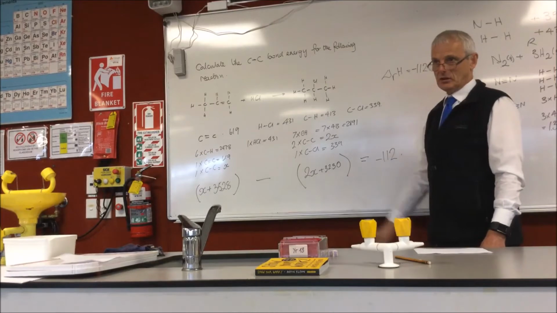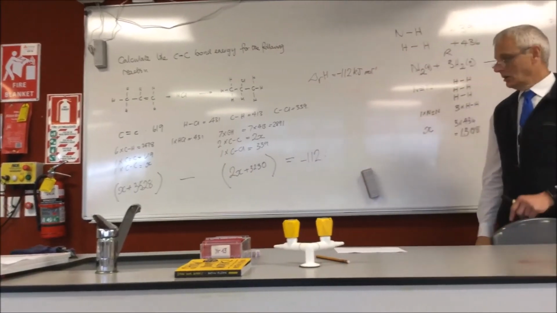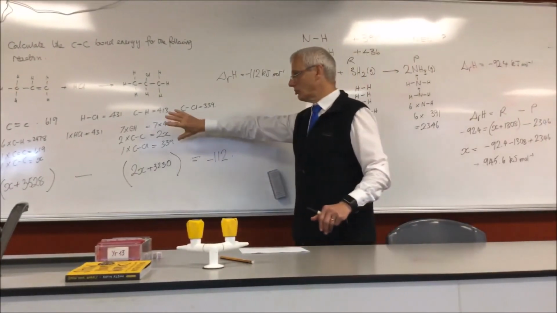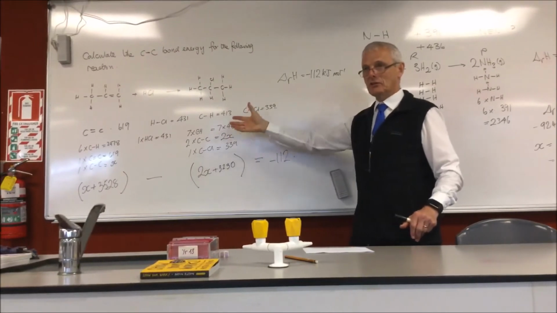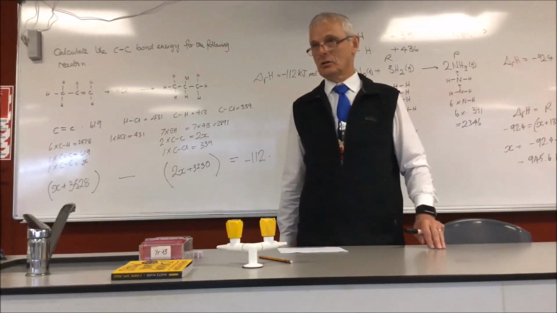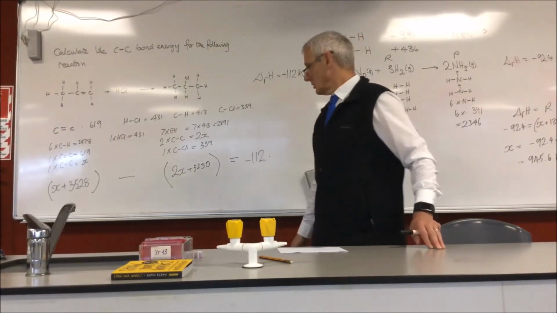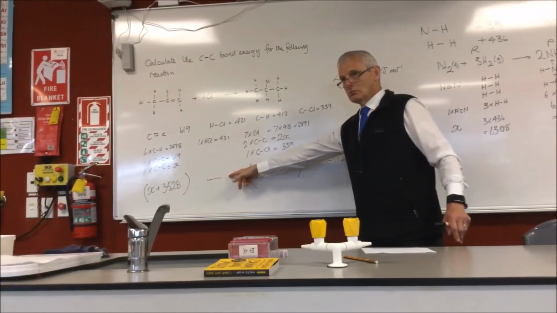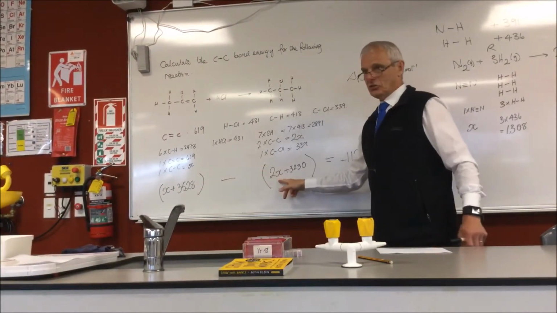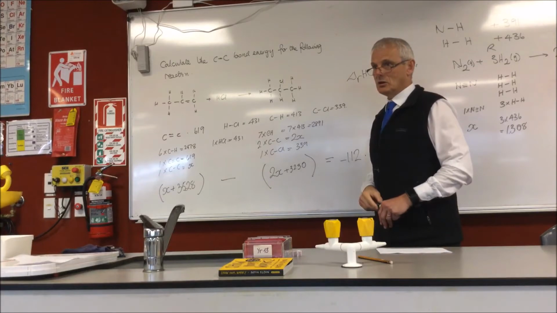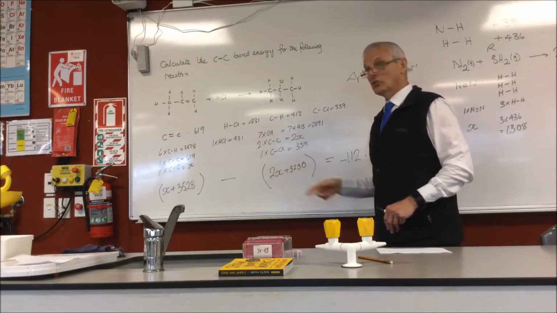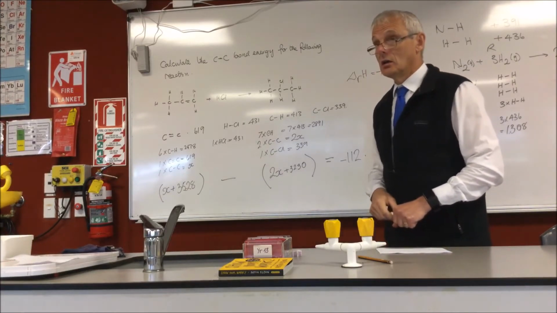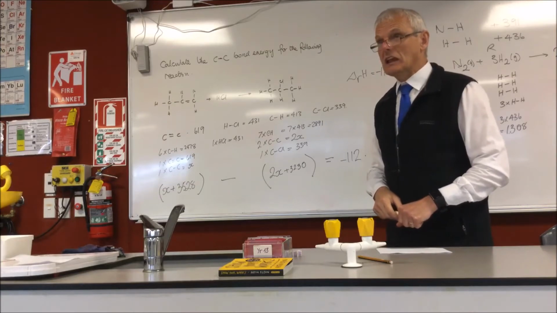So you need the minus 6? Yes. So it's a minus because we're swapping it from being positive to negative because this is giving energy out. But you've forgotten your minus 6. Minus 2x. Yeah, this is x 2. x minus 2x is minus x. Yeah, that's fine. And we're going to work out what x is.